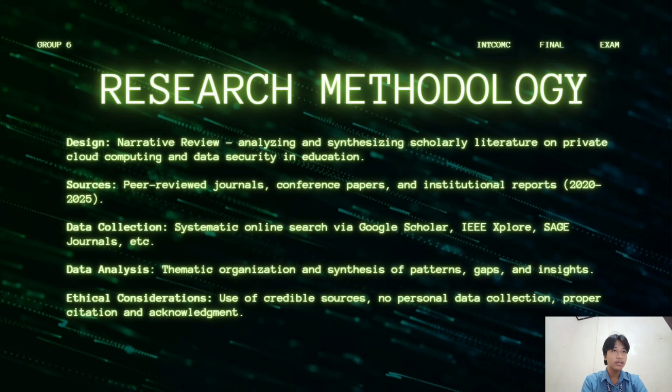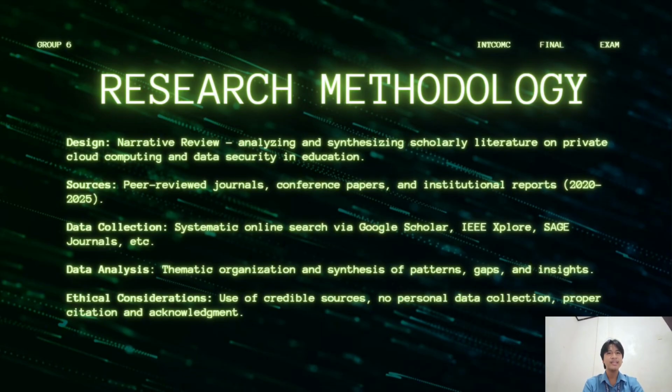We used databases such as Google Scholar, IEEE Xplore, and Sage Journals, focusing on studies published between 2020 and 2025 to ensure relevance to modern technology trends. The sources were filtered based on credibility, relevance, and focus on educational applications.